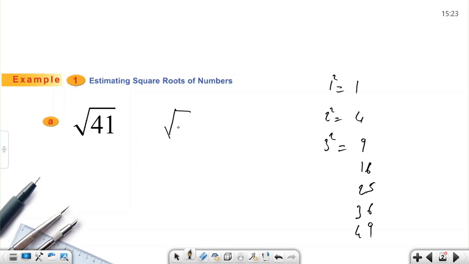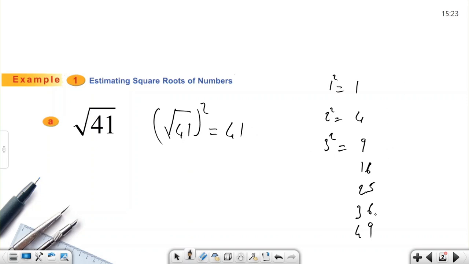I already know the perfect square numbers, so where is 41?